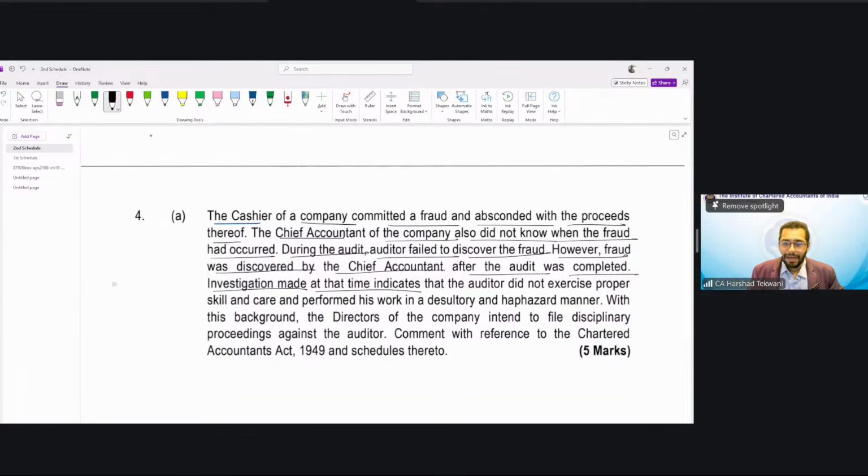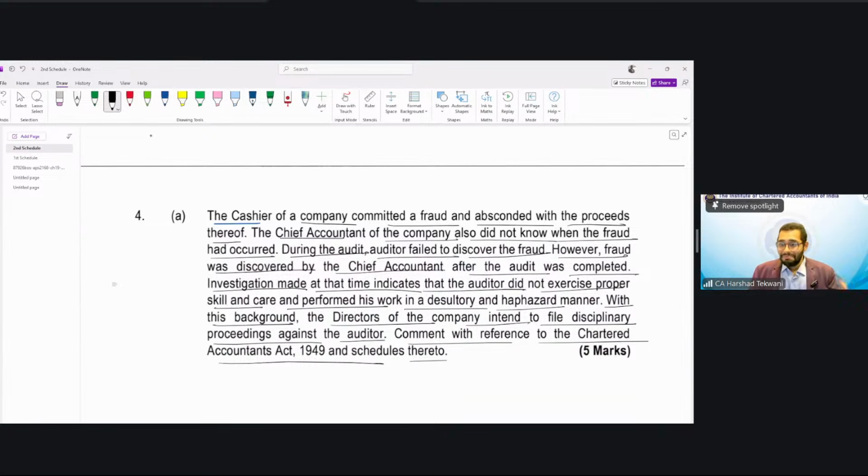Investigation made at the time indicated that the auditor did not exercise proper skill and care and performed his work in a desultory and haphazard manner. With this background, the directors of the company intended to file disciplinary proceedings against the auditor. Comment with reference to the CA Act 1949 and schedules thereto. Basically, the auditor performed the audit.